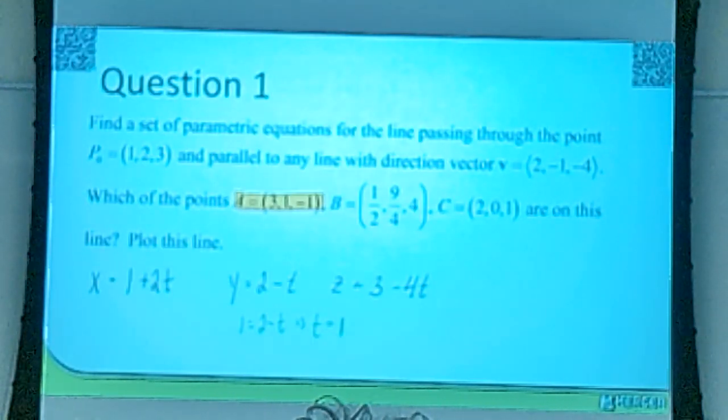Yeah, t would have to be 1. Now, does that t equals 1 work for the other two? Yeah.